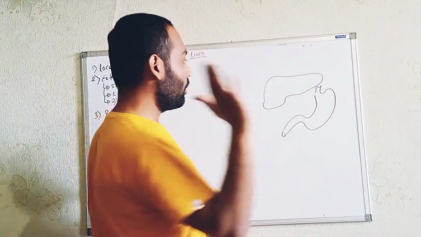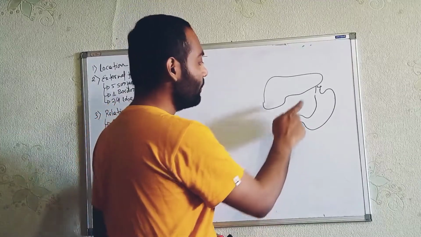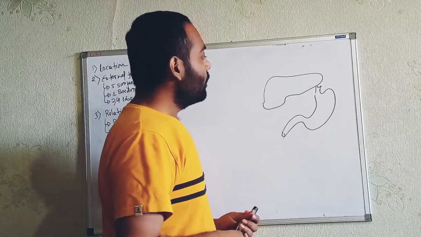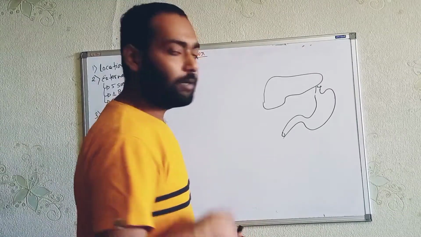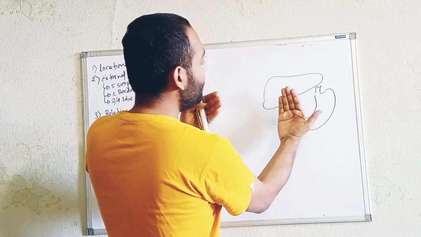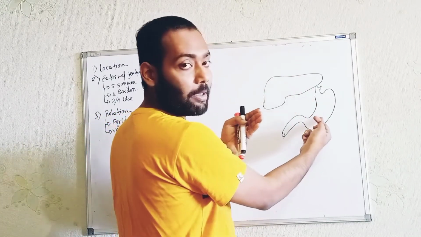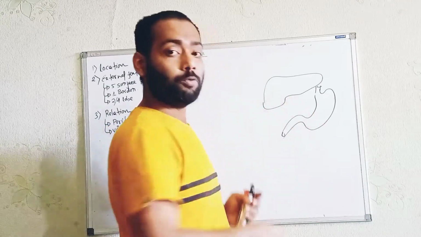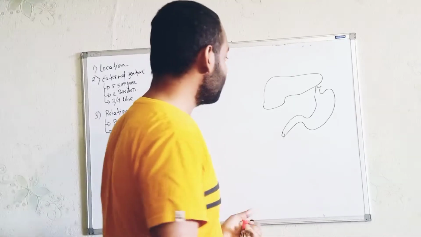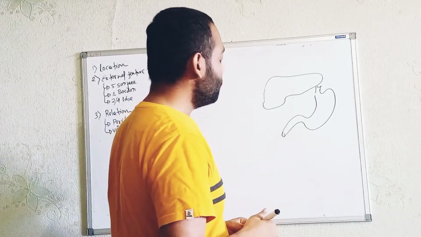One balloon, another balloon, and there is a gap here, which is normally present. So try to visualize it. The balloon from posterior and anterior cannot fuse here because here is the liver, cannot fuse here because here is the stomach, but can fuse here because there is nothing.